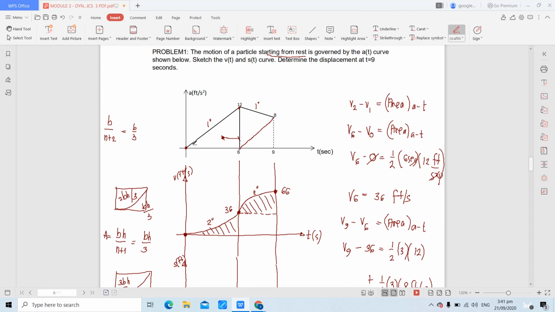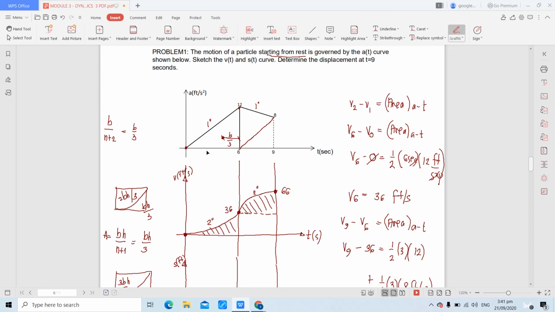Ito mas malaki kaysa dito. Kapag yung centroid ay papunta sa mas malaking part ng triangle, that is 1/3 of the base, or b over 3. Kapag yung centroid papunta sa mas maliit na part ng triangle, that is 2/3 of the base. No? Kaya b over 3.